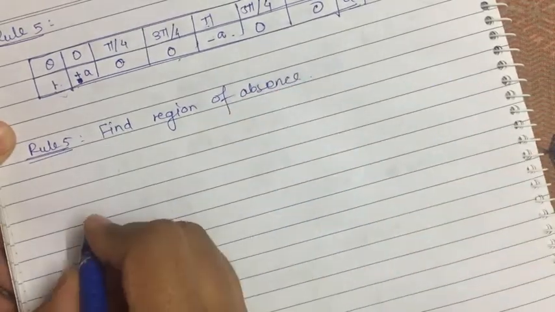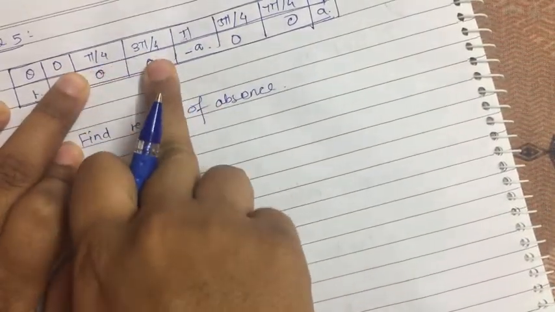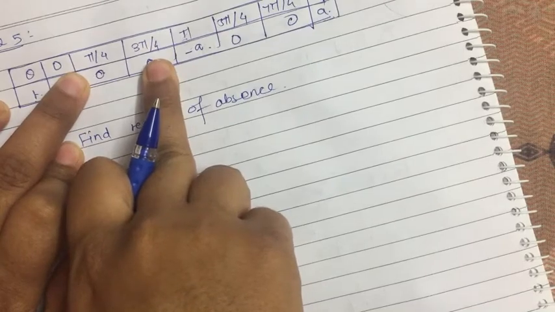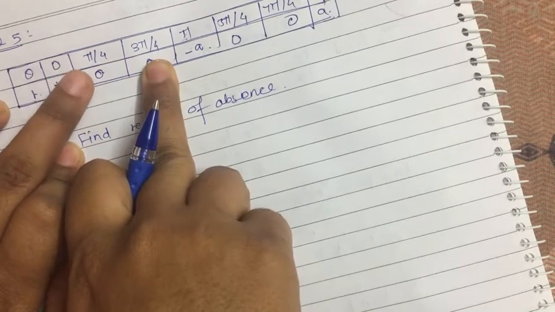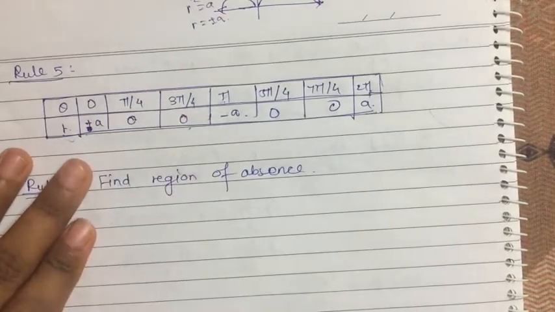Now for the region of absence, as theta increases from pi by 4 to 3 pi by 4, r square will be negative. How? I have explained in the properties video.